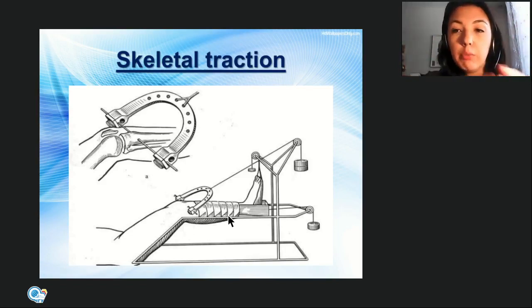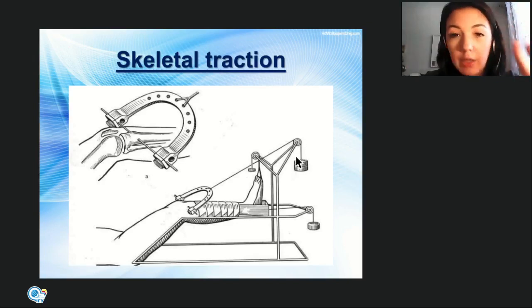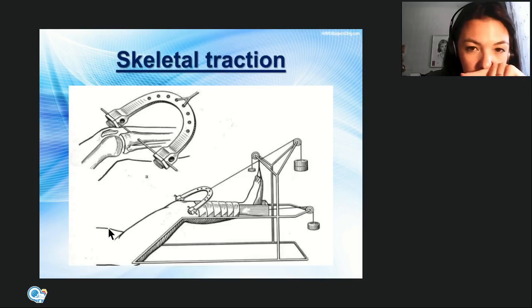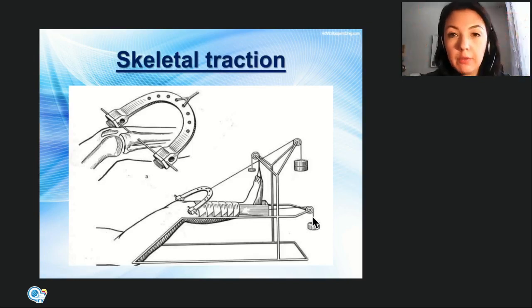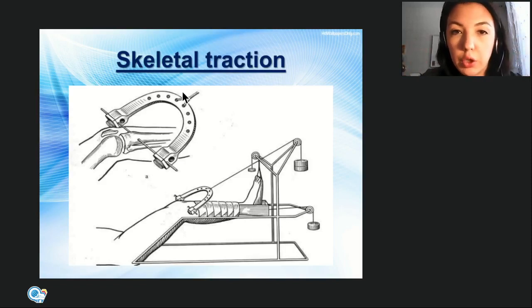Here we can see it passes through the proximal end of the tibia, and after that, at the end of this device there is something heavy, and the other is attached to the calcaneus, and it also ends with a weight, and so it provides immobility, and it provides traction, and it prevents another displacement in case of fracture or after the surgery, for example.